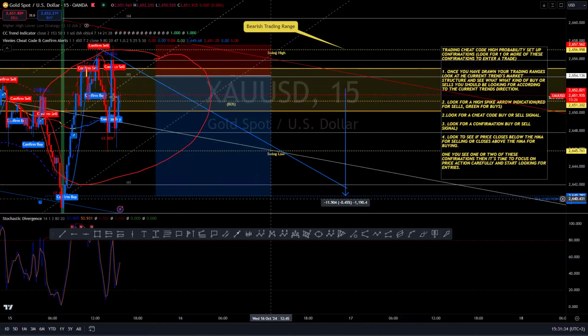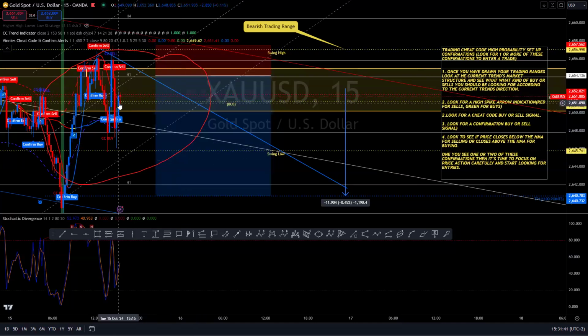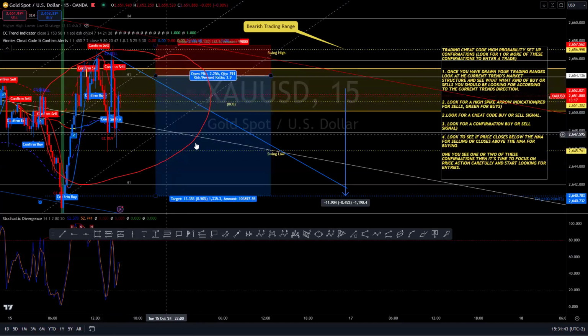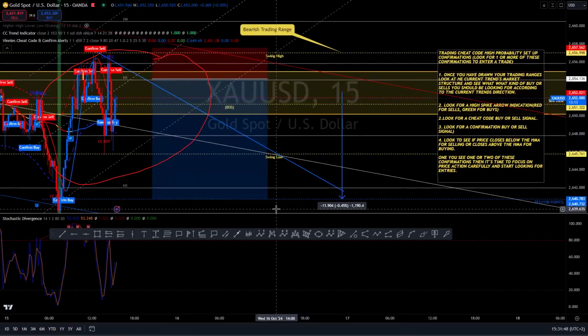Technically, it closed above the HMA here too. I think it's starting to go down below this candle, and maybe that's a sign that it's starting to go bullish. Maybe.